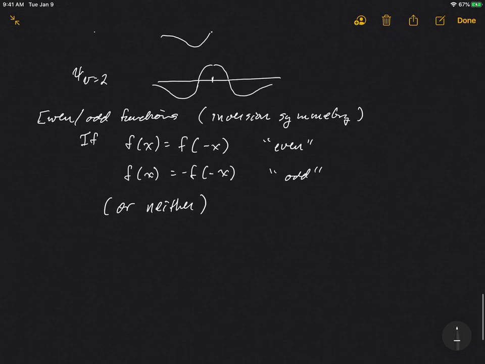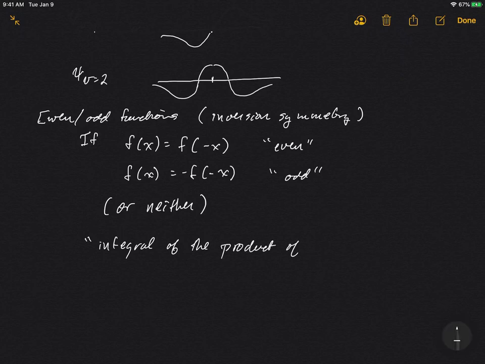And in fact, as we saw in the sines and cosine case, and we're sort of repeating it here, the integral of the product of an odd and an even function is 0.